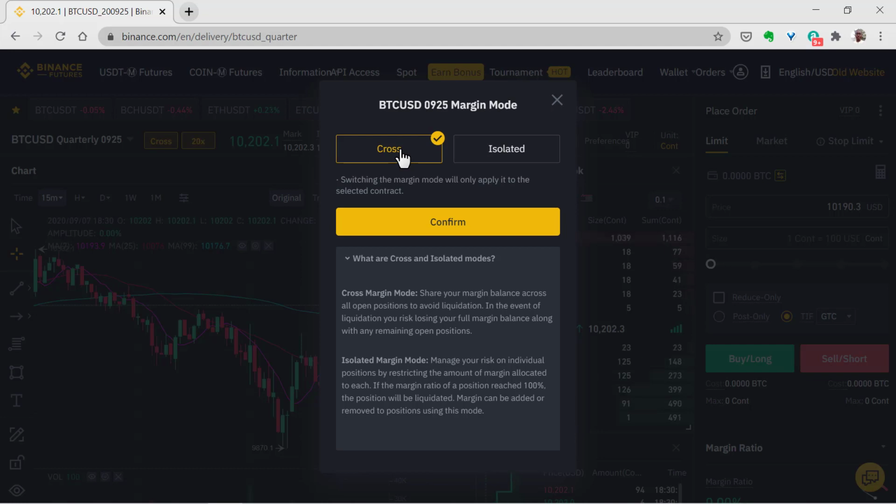But the risk of doing this is if there is any volatile market event, you could lose your entire account balance. So this is only recommended for really advanced traders. So a preferred mode to use will be the isolated margin mode, where the margin for each is restricted to each position. So select what you want and you confirm.